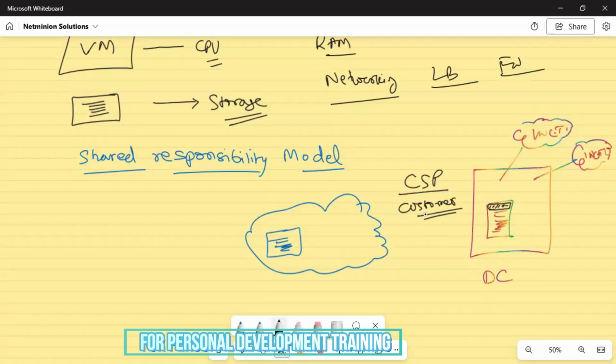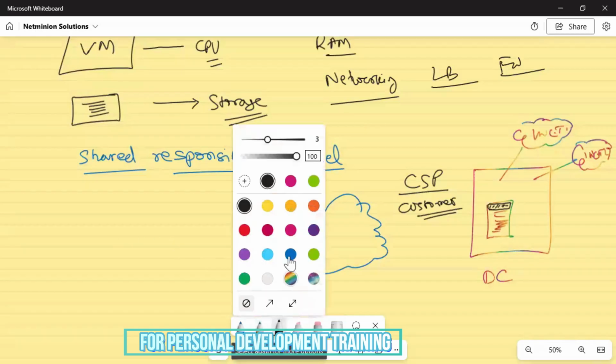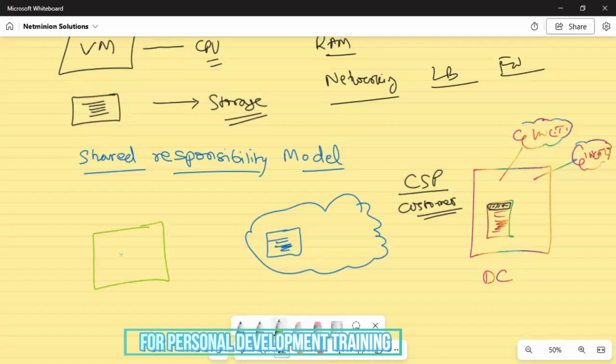Start with the traditional corporate data center. Let us say you are opening your own data center. You are not taking anything from the cloud. So if you have your own data center, you are responsible for the data center premises security. You are responsible for the racks. You are responsible for the power. You are responsible for the cooling. You are responsible for the boxes.